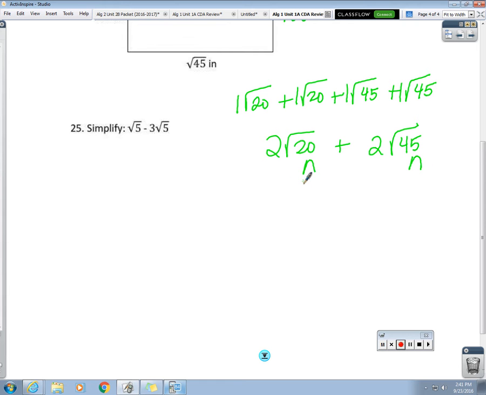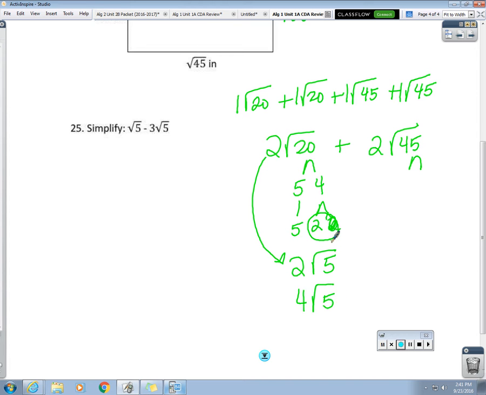What are the factors of 20? Okay, so look, circle, and don't forget this 2, we'll make that become a 4. Okay, so the square root of 20 plus square root of 20 became this. Now we have to do 45. What are the factors of 45?